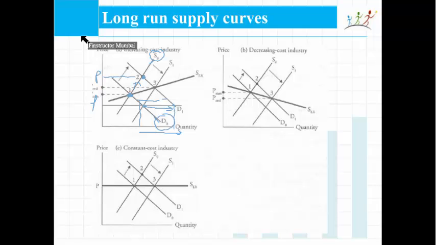But in the long run, the price may go up, the price may come down, or the price may remain flat. This depends on how effective and how technologically sound is the new capacity.